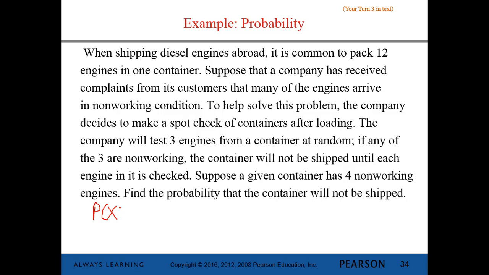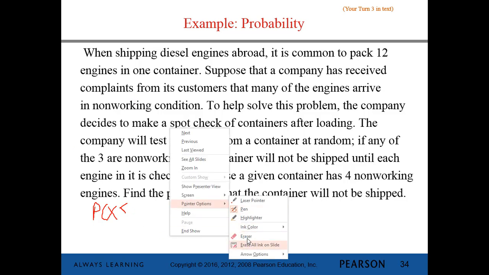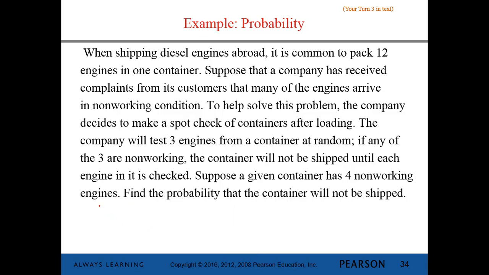So the number of defects we want is at least one. So we want x to be greater than or equal to 1.